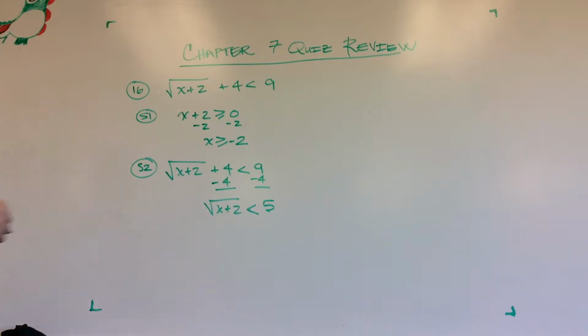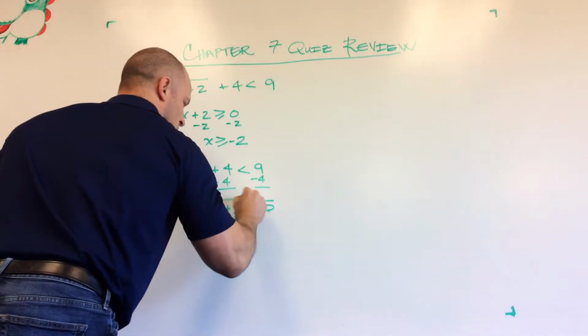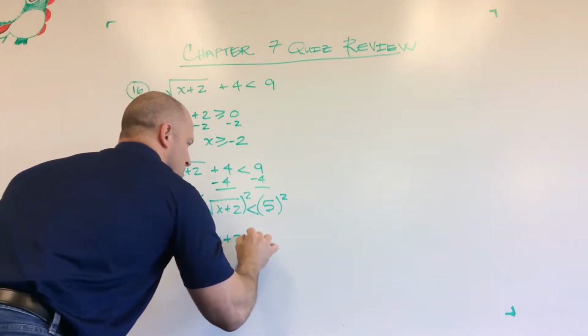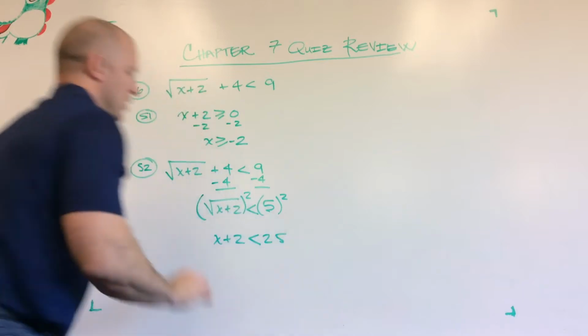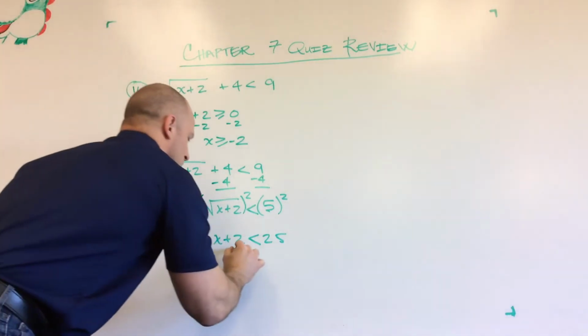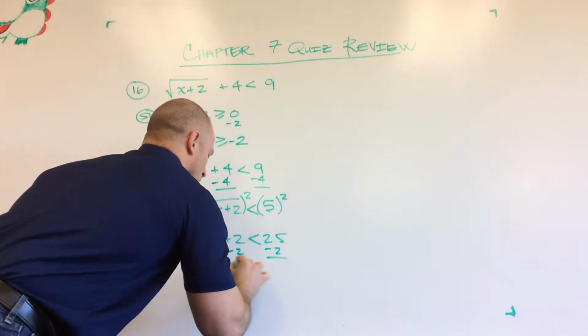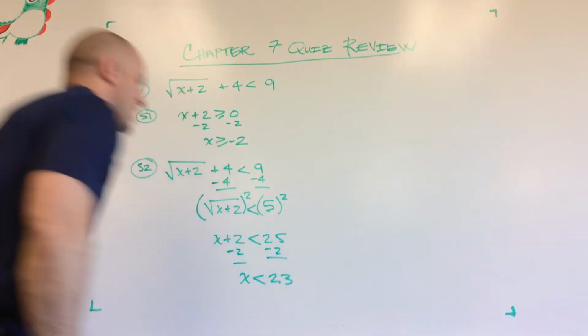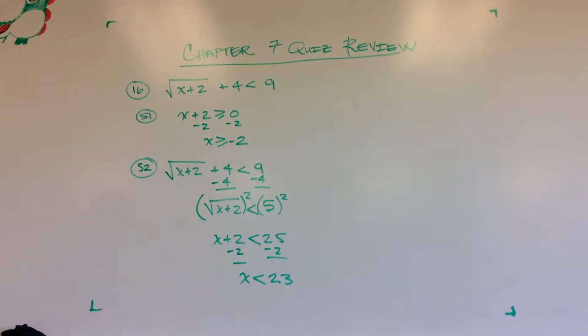We'll square both sides to get rid of the radical and be left with x plus 2 is less than 25. Subtract 2 from both sides, and we get x is less than 23.